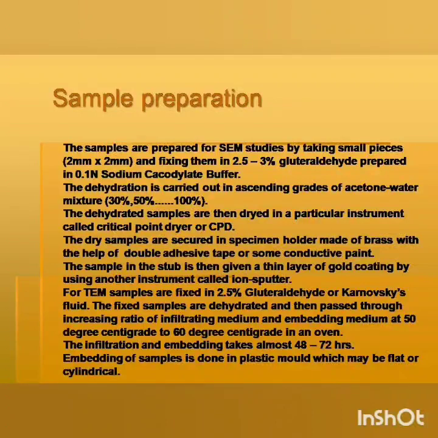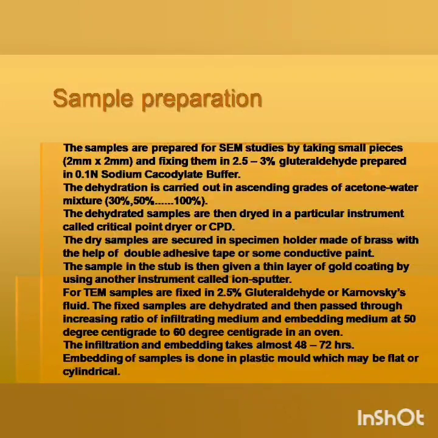After fixation, the sample has to be dehydrated, and it is done through ascending grades of acetone and water mixture, that is 30%, 50%, 70% up to 100%. After that, the sample is dried in a drying instrument called critical point dryer.